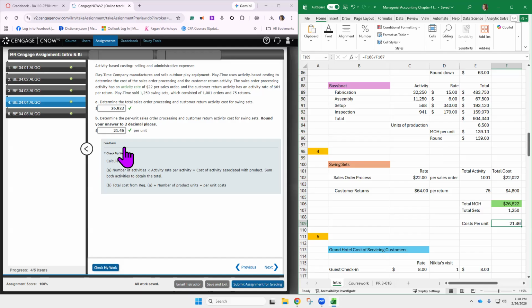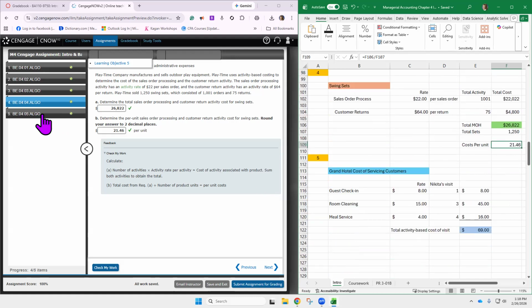So I'm sorry I misquoted that. This is not overhead. This is allocating selling and admin expenses, right? Sometimes stores and offices can have some overhead, I just misread it. Okay, let's go to the last one then.